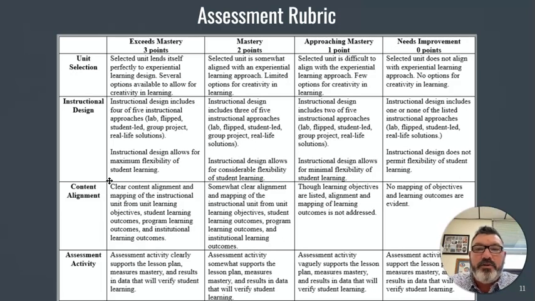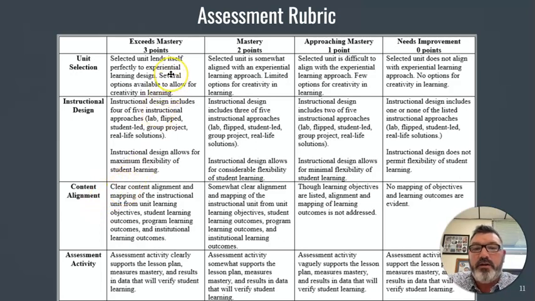So as I get you to come to your own activity here, I want to present to you the rubric with which I will assess you in your own learning activity. I want you to think about selecting the proper unit, how you will remodel that instructional design, how you will align that content, and then the assessment activity that you will create.